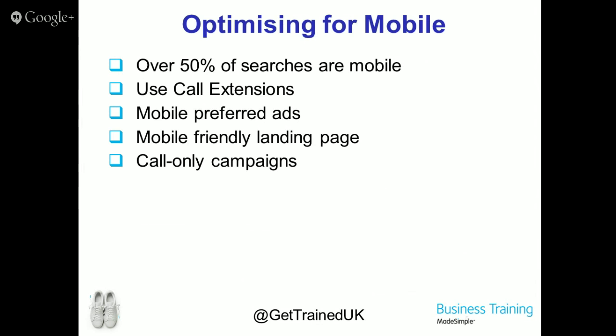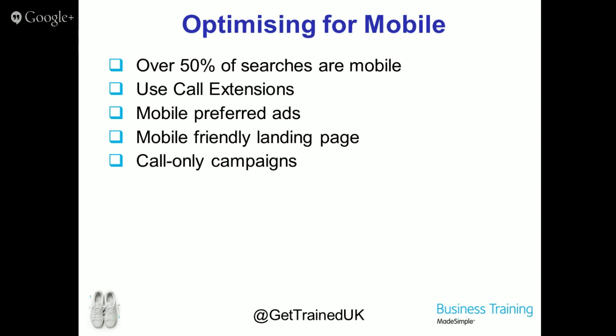Now this one here, call-only campaigns, is quite a recent addition to the AdWords feature list. For quite a while you've been able to have call extensions and give someone the ability to phone you by clicking the button on your advert. But one of the things you can do now, using what we call call-only campaigns, is set your campaign up such that the only thing someone can do is call you.